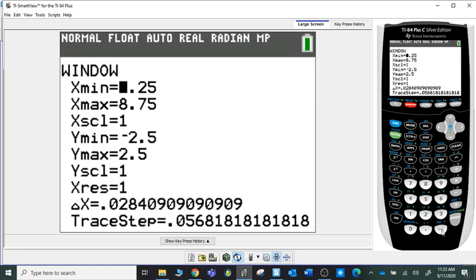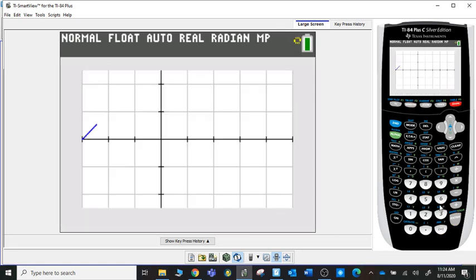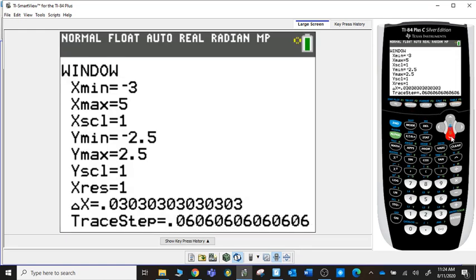I'm going to make it -3 on the x-axis to +5, and we'll see what we get here. There we go. That might be better. Not so much. I need to go a little bit higher on my y's. I'll go up to 5.